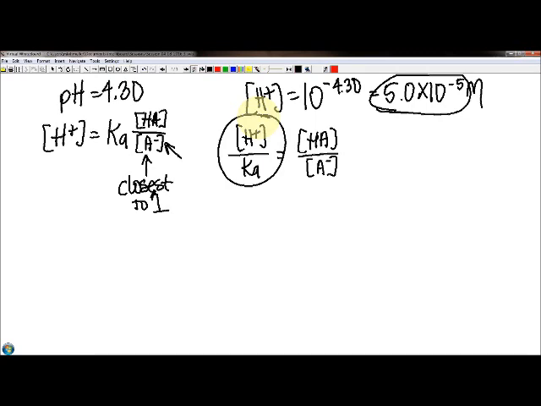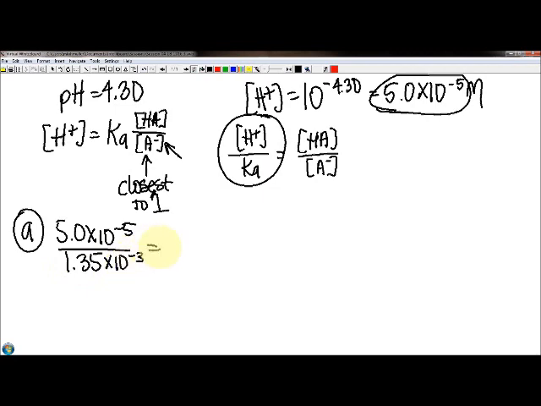Okay? So I'm going to just letter these A through D, because I don't want to write out chloroacetic acid. So we have 5.0 times 10 to the negative 5 over 1.35 times 10 to the negative 3. So the H plus over the Ka for that first one is equal to 3.7 times 10 to the negative 2.